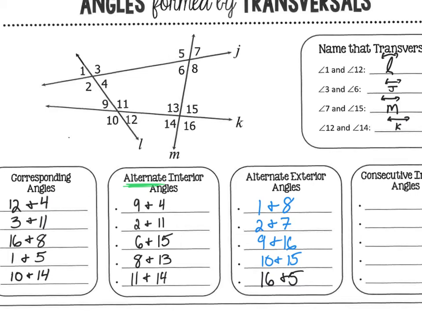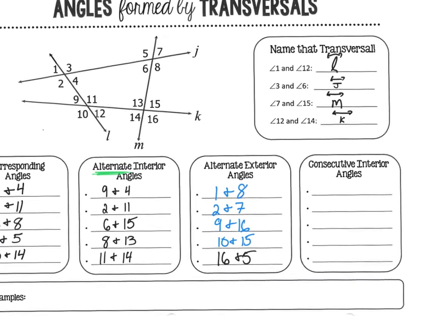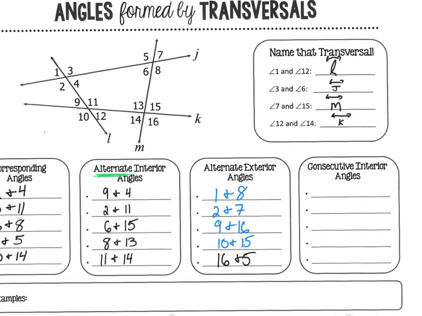Okay, slide over here. Consecutive interior angles. So, are we looking for interior angles or exterior? Okay, so let's say M is the transversal. Let's say we're looking at lines J and K. We want the interior angle.